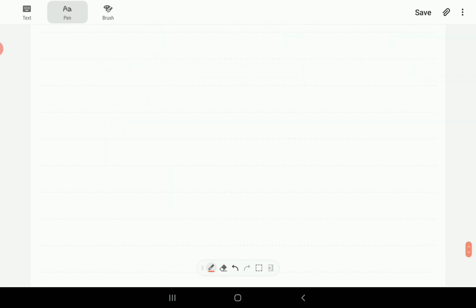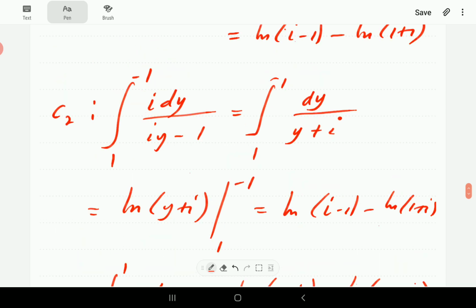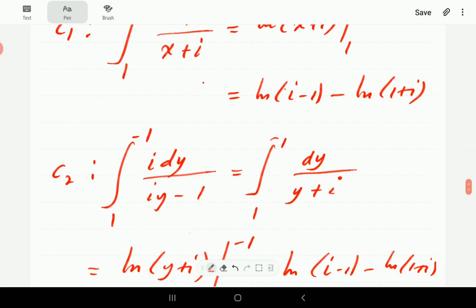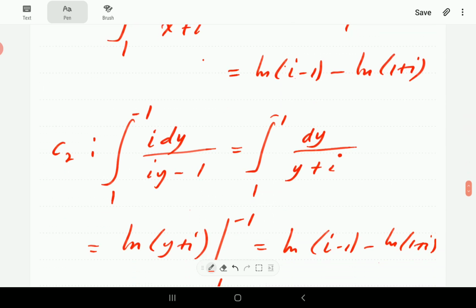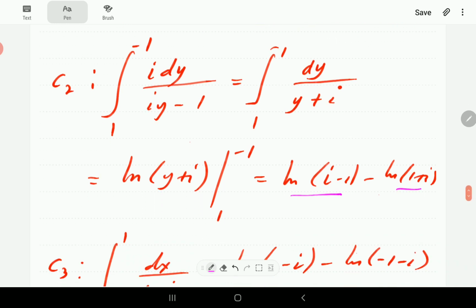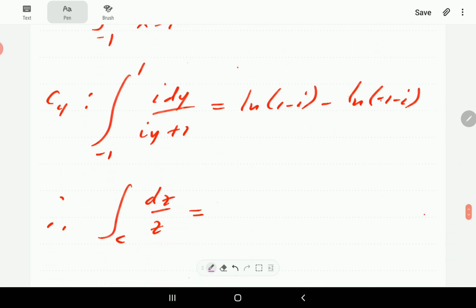Okay, they have got like terms. If you look at C1 and C2, these two are the same, ln of i minus 1. In fact, they're exactly the same, so when you add them, we're going to get 2 ln of i minus 1 minus 2 ln of 1 plus i.